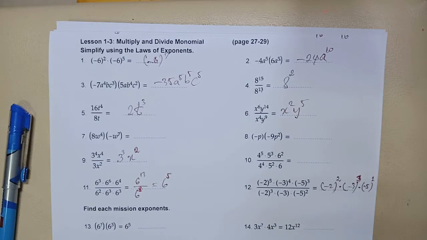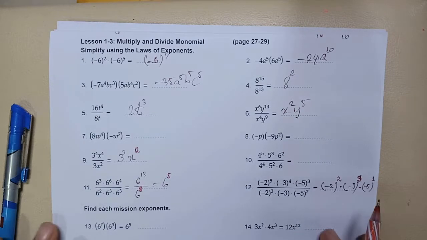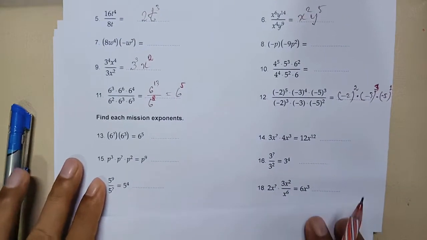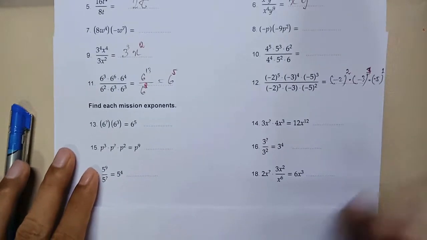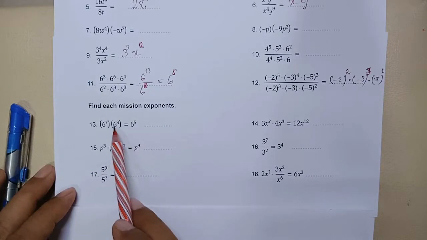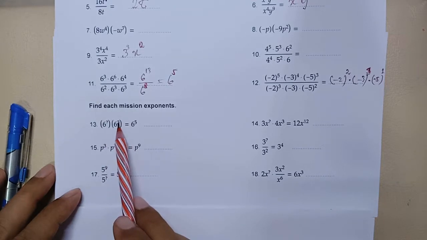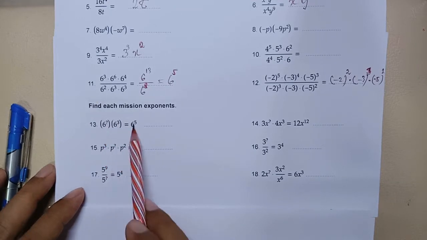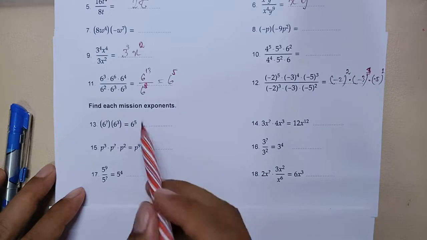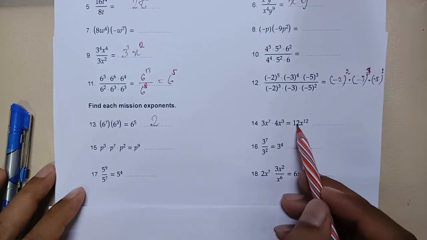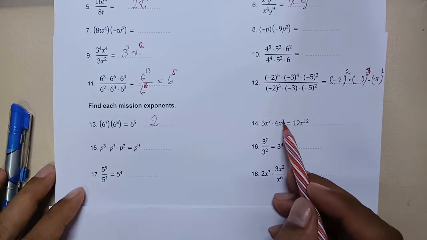Let's move on to the other section. In this part, find each missing exponent. Okay, it's multiplication, so the exponents add together. What number plus 3 becomes 5? 2, of course. 2 plus 3 becomes 5. In this one, it's multiplication, so the exponents add together.